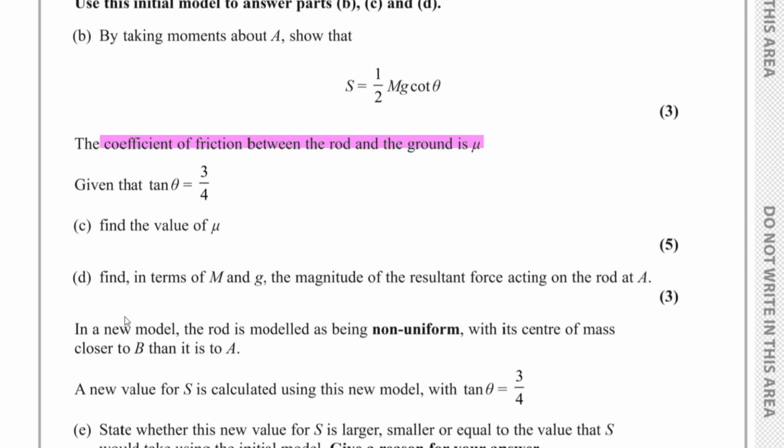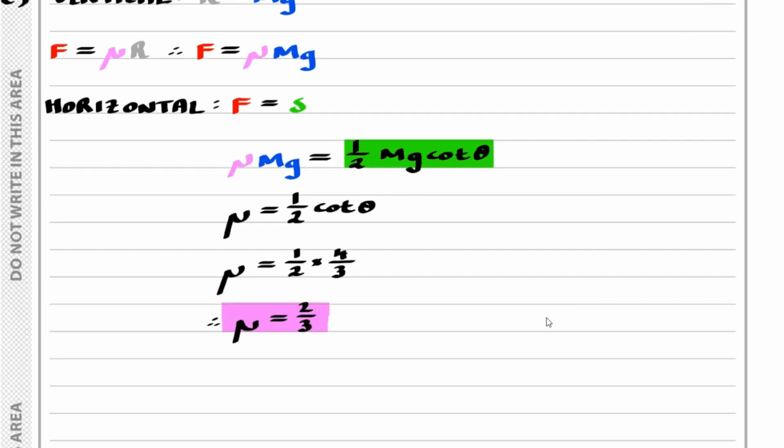Part D, we have to find in terms of m and g the magnitude of the resultant force acting on the rod at A. Before we do anything else, let's find out what F is. For part D, F is equal to mu, which is 2/3 multiplied by mg. So F is equal to 2/3 mg.